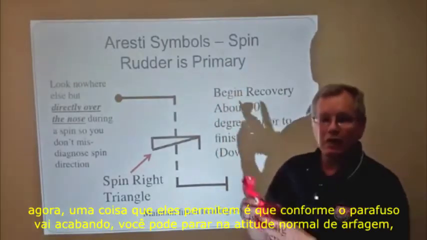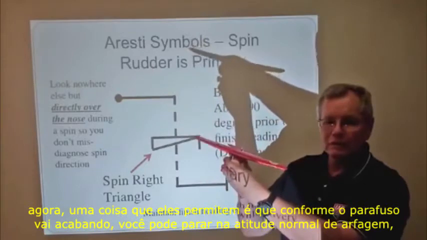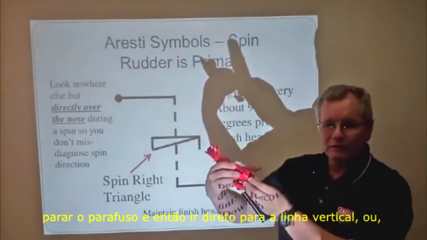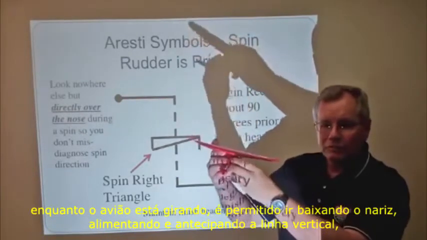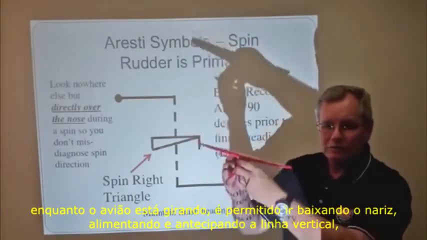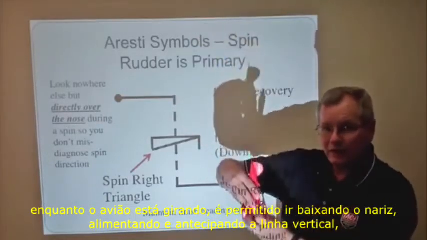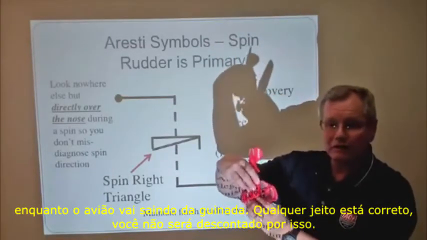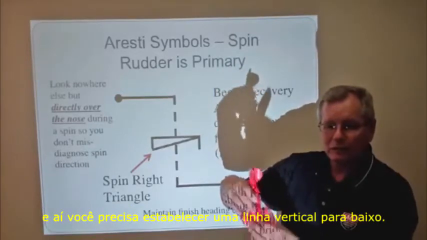What they do allow is that as the spin is finishing, you can leave the airplane in the regular spin nose down attitude, stop the spin, and then go straight to the downline. Or as the airplane is rotating, it's okay to start pitching down and anticipating the downline as the airplane is stopping the yaw. Either way is fine. You won't be judged off of that. But then you have to establish your vertical downline.